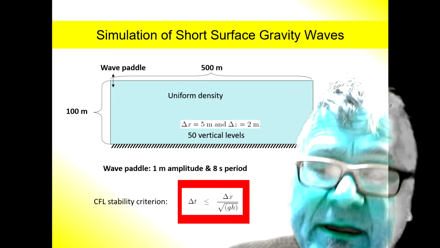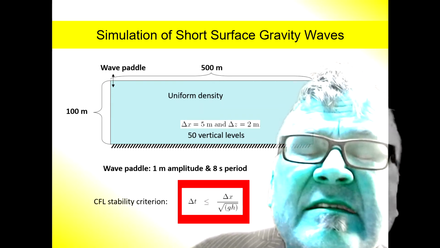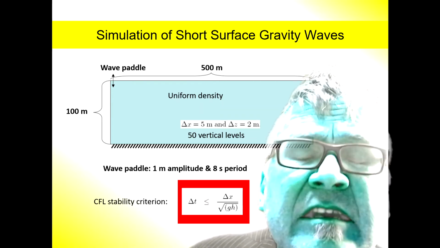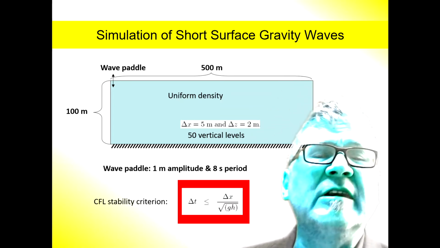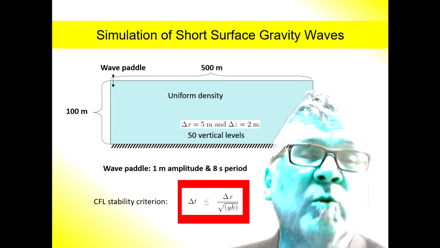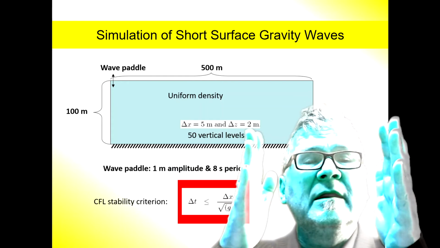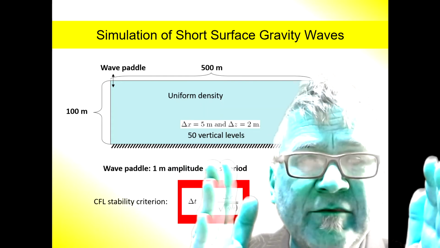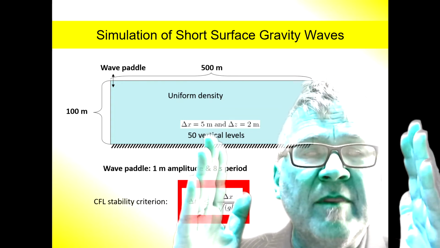So just one comment. How do you choose grid spacing and size of the model domain? You sort of have to estimate what the wavelength is that you get. And what you do is that the total length of your model domain has to be several times the wavelength, so that there is no interference by the boundaries.